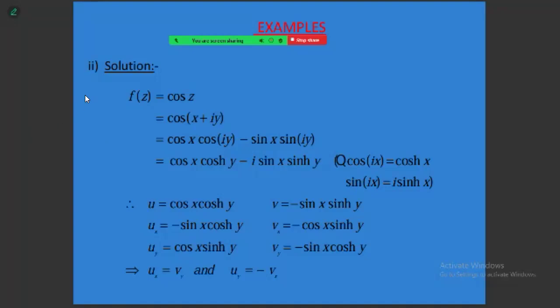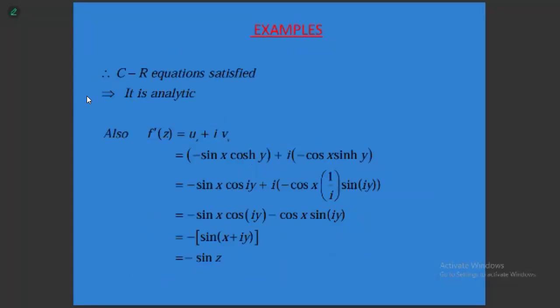So the given function is what function? A trigonometrical function. So it is continuous and u and v have partial derivatives. The second condition is also true. And the third one is what? It satisfies the CR equation. So the given function is analytic.